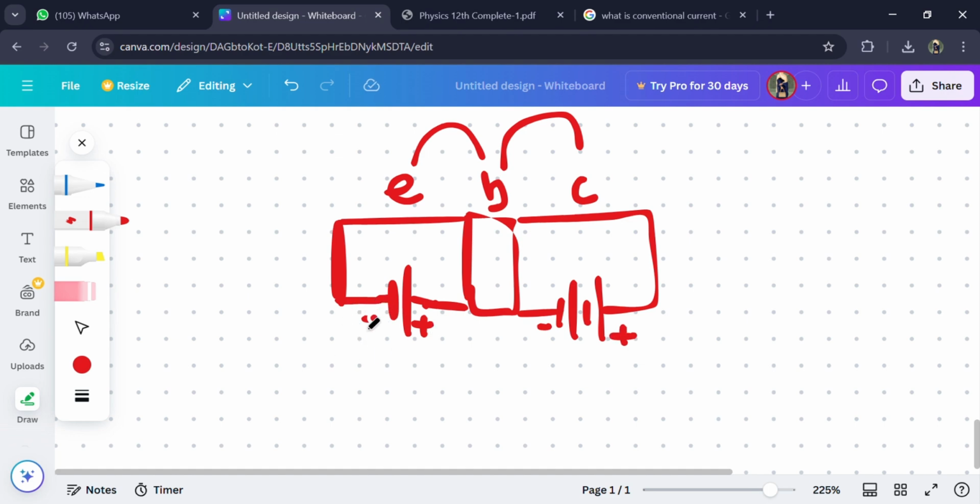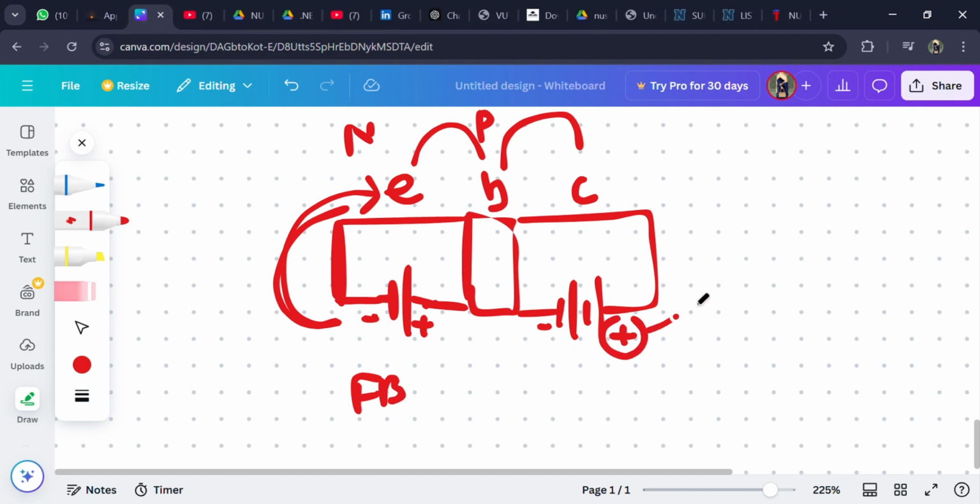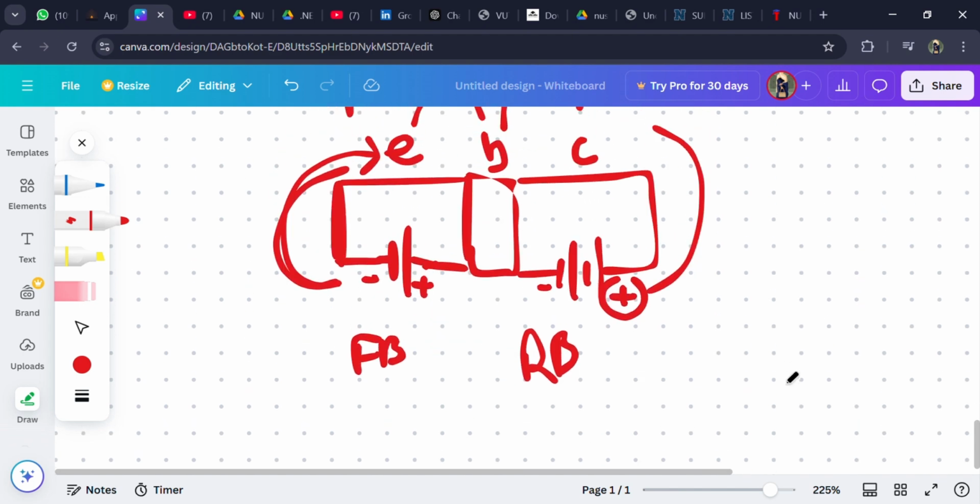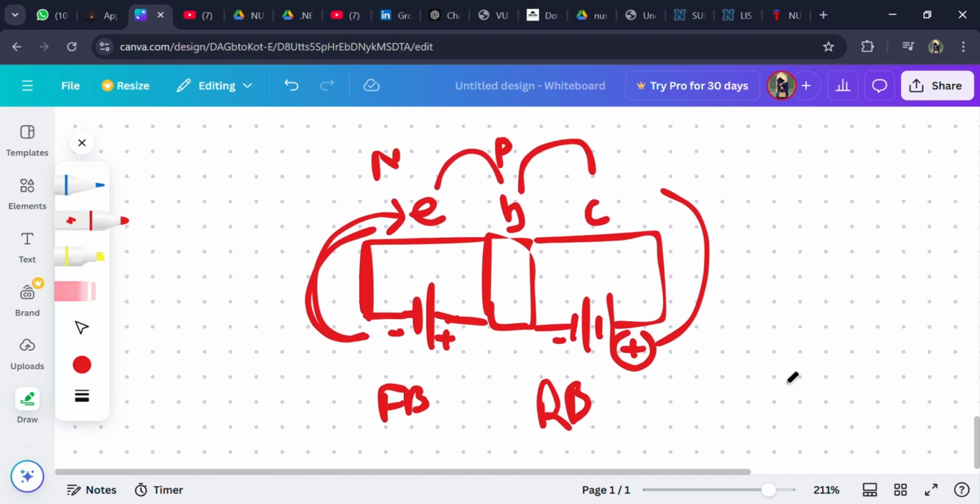Since this is an NPN junction, if a negative terminal is attached to the N side, that scenario covers forward biasing. In this other case, I have attached the negative terminal to the holes, the P side, so it becomes reverse bias. I hope these two things are clear to you.